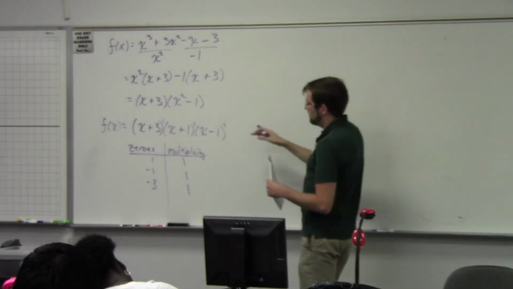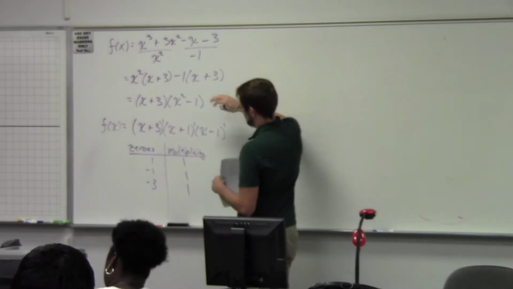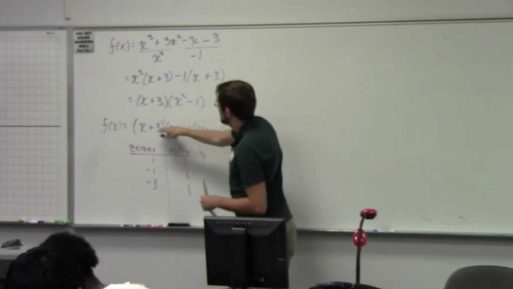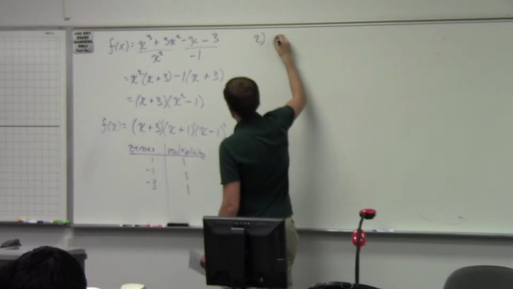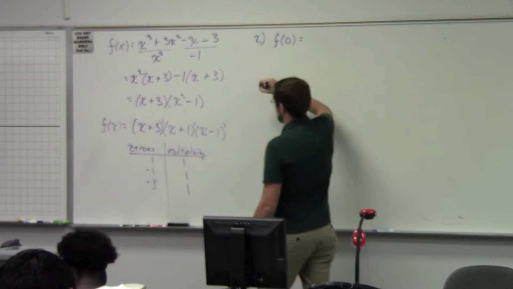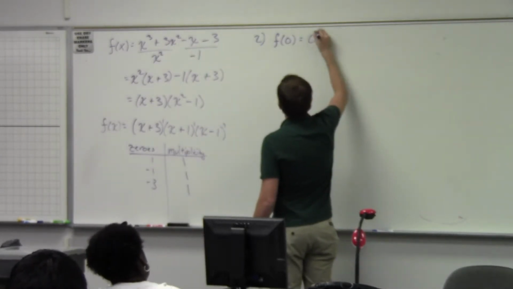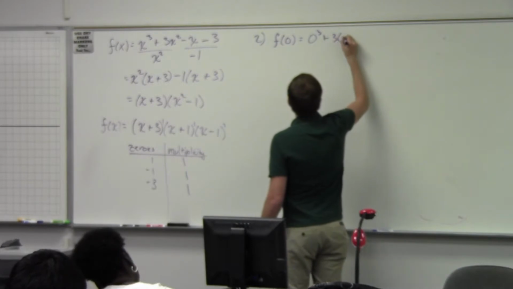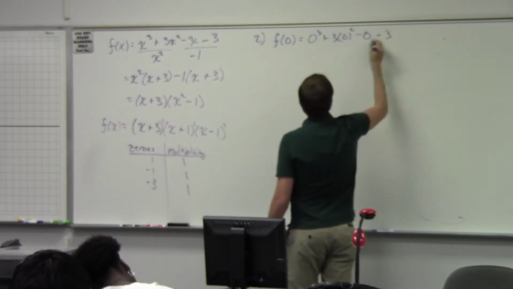All right, so once I have my zeros, next step is let's look for a y-intercept. I can use either one for my y-intercept. And then we plug in 0 for x. So I'm going to plug in zeros for all these x's. So I have 0 cubed plus 3 times 0 squared minus 0 minus 3.